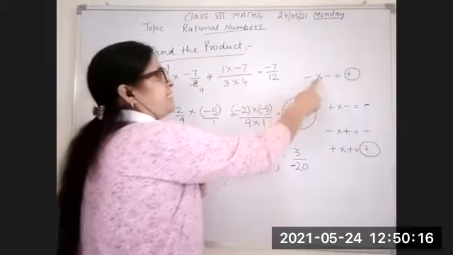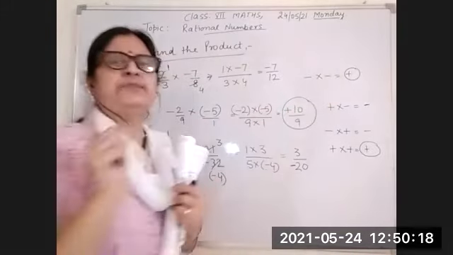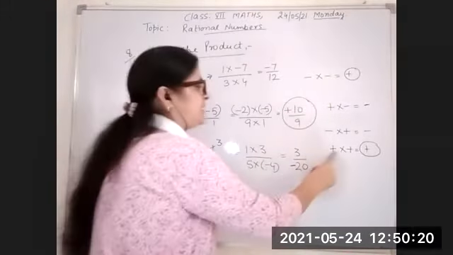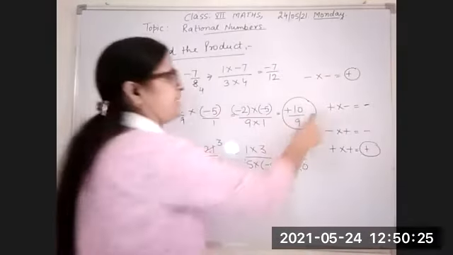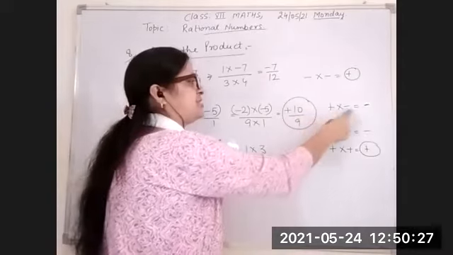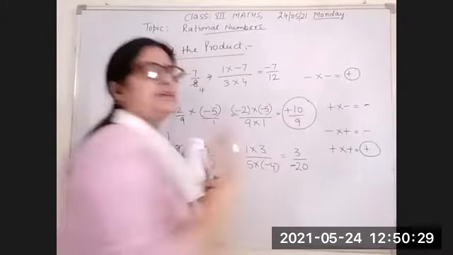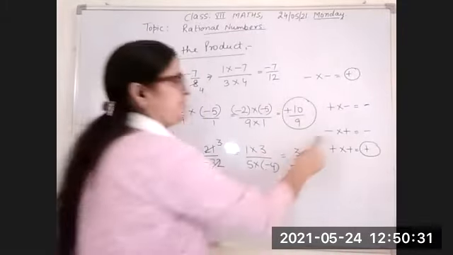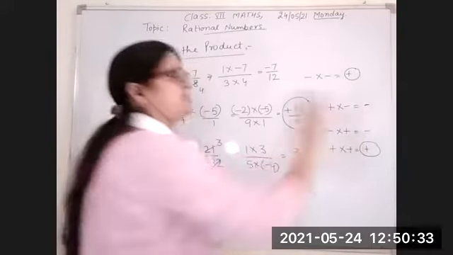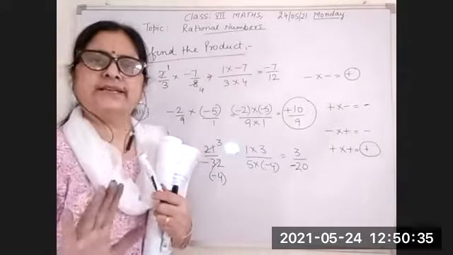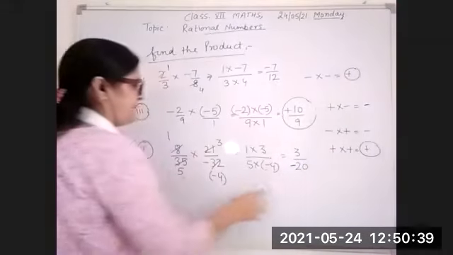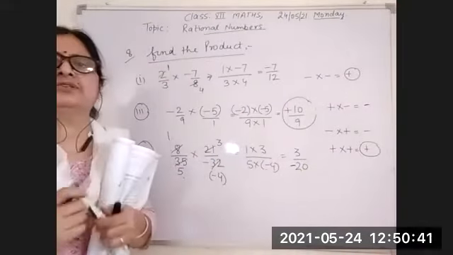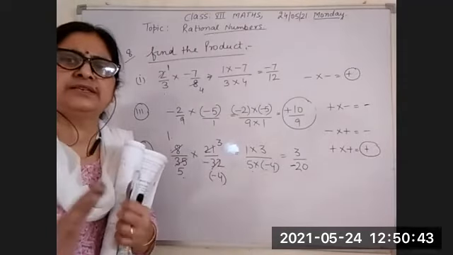When you multiply negative with negative, you get positive. When you multiply positive with positive, you also get positive. But when one sign is plus and one is negative, the result is negative. So you have to learn these sign rules too, and how to solve multiplication of rational numbers.